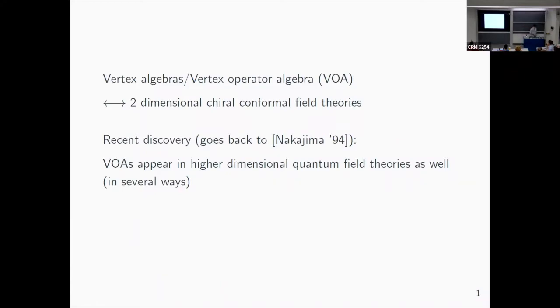This is very nice because there's no mathematical definition for the moment for quantum field theory which has dimension higher than 2. So knowing anything about vertex operator algebras appearing in such theories helps us to understand this mysterious quantum field theory.